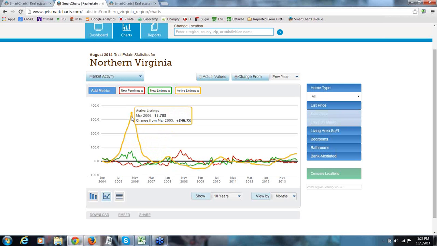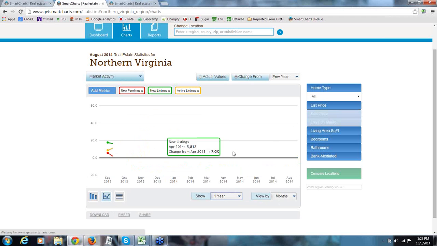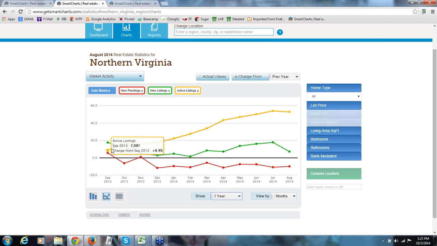People were selling and people were trying to sell and nobody was buying because of the bubble. Lately in DC Metro and even in Baltimore Metro to some degree and some of the rural areas, new listings have started to pick up. If I switch this just to look at a 1-year view, we can see that new listings have now been increasing.